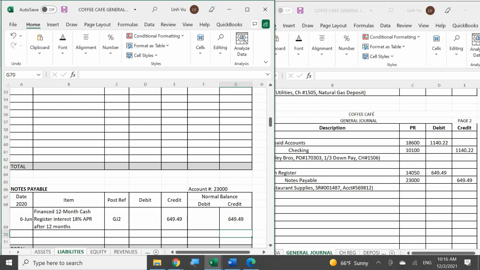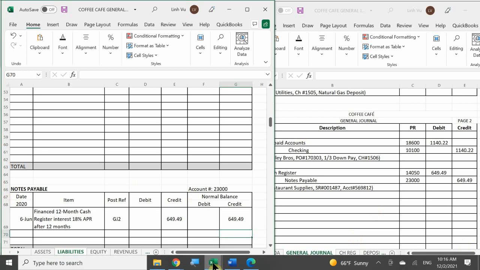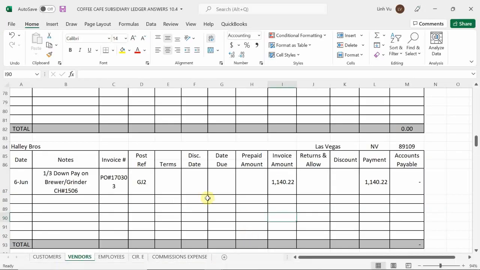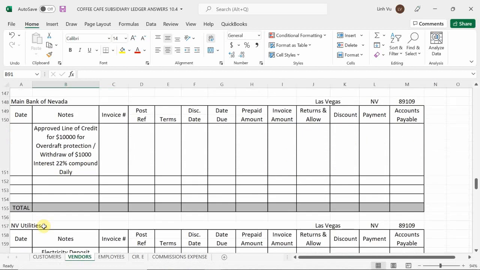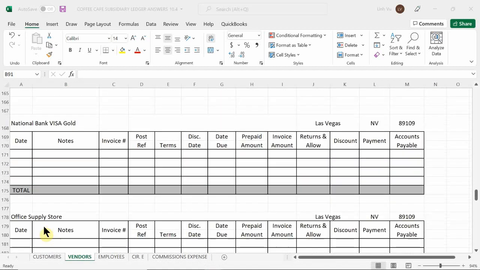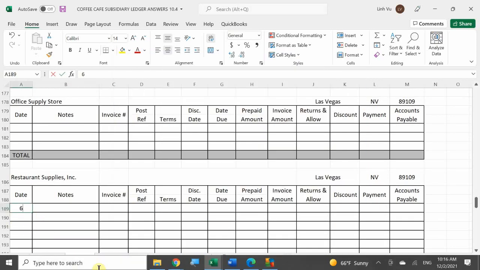And now, because we owe money to Restaurant Supplies, we now have to update our subsidiary ledger, and this is going to be our first owing account. Okay. So Restaurant Supplies is letter R. Okay, here we are, Restaurant Supplies. You're going to type in the same information.